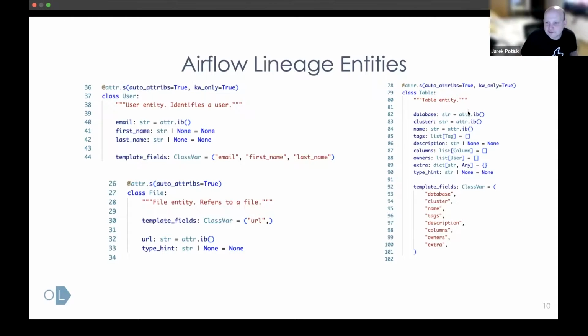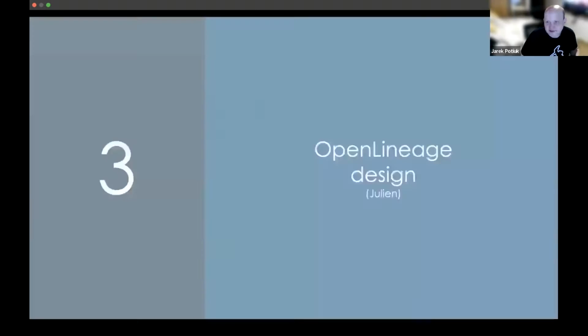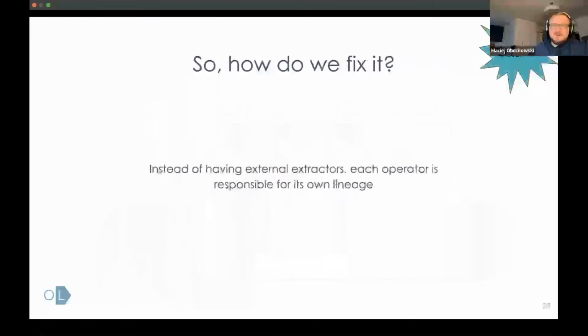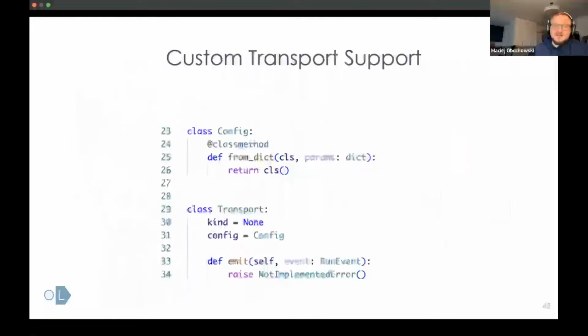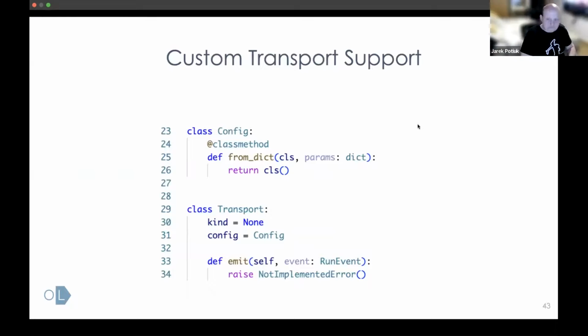Maybe a way is to have someone provide not the extractor, but a converter of the inlets and outlets into the actual facets, a custom one. Yeah, so this would be a good opportunity to use a custom transport. If you want to send data to some other backend, you can get the event, get those facets, and then convert them to what you want.